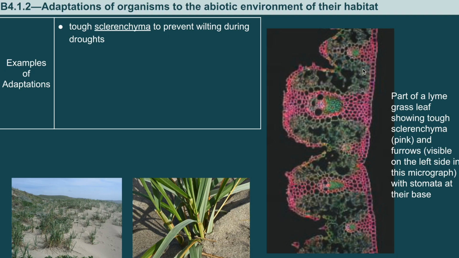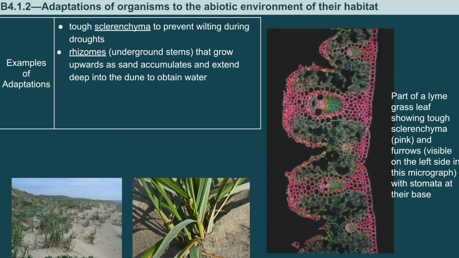But these grasses have this tough sclerenchyma tissue in high amounts. And this is going to help that even when there's low amounts of water moving through the xylem, it's still going to be able to stay upright and not wilt because it has all of this extra, colored pink here, sclerenchyma.